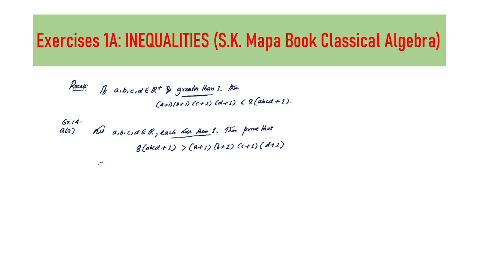So here, solution. First you need to think what the given conditions are. Here the given condition is that A, B, C, D are all positive real numbers, and the second condition is A less than 1, B less than 1, C less than 1, and D less than 1.